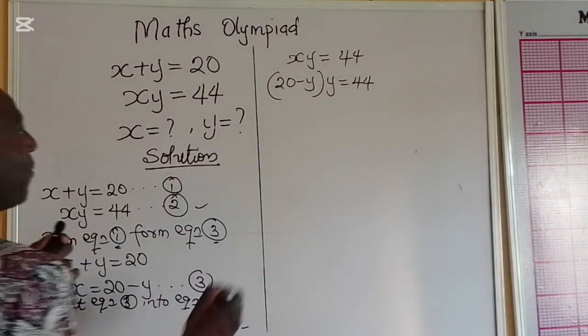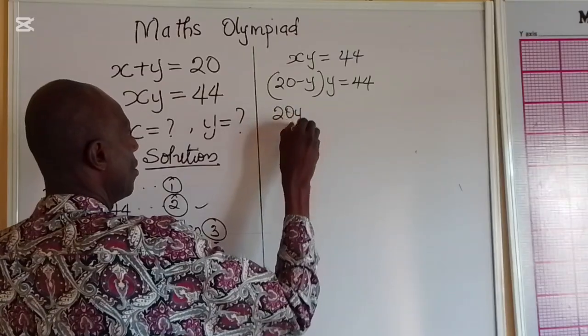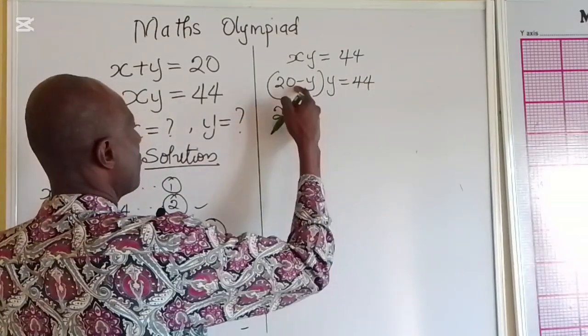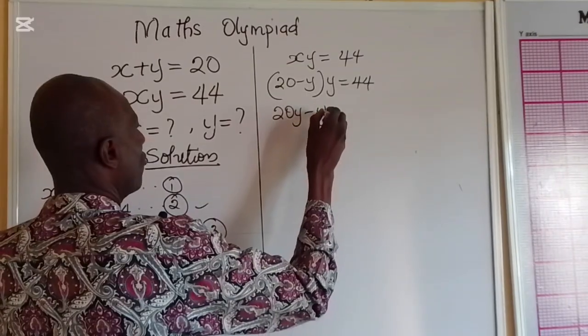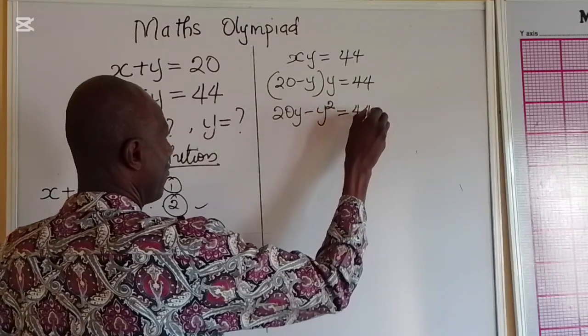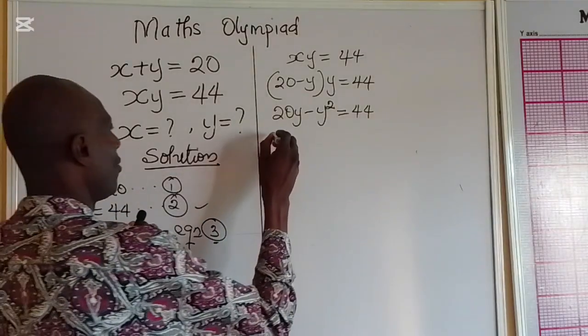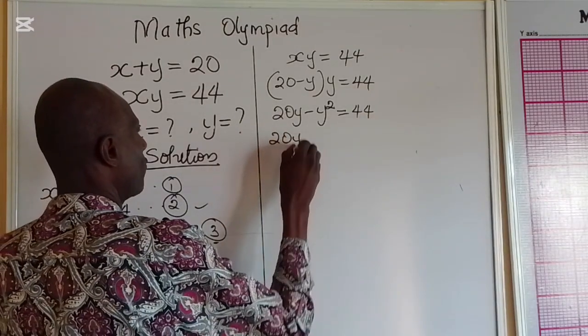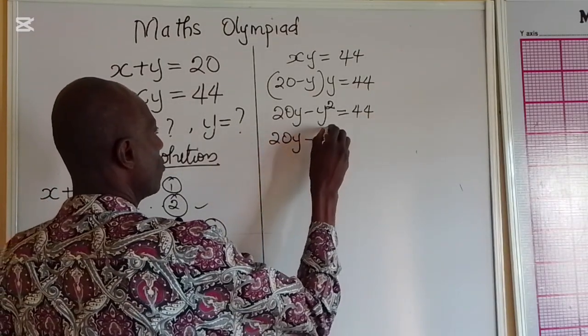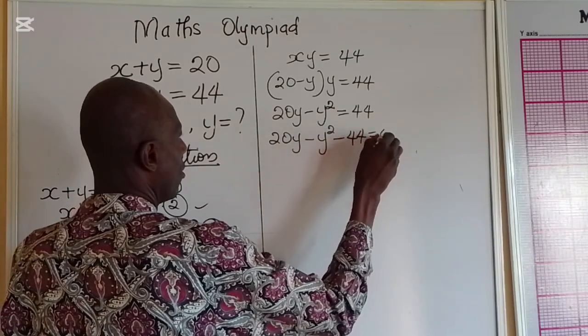Now, let's open the bracket. y times 20 gives us 20y. y times minus y gives us minus y squared is equal to 44. I'll make it equal to 0. So here will be 20y minus y squared minus 44 is equal to 0.